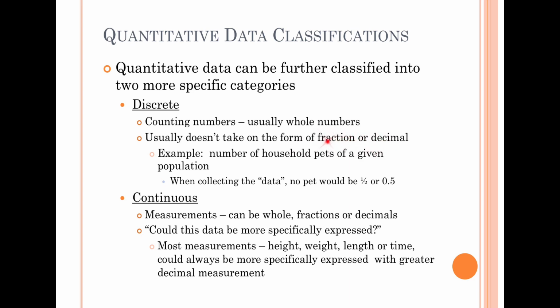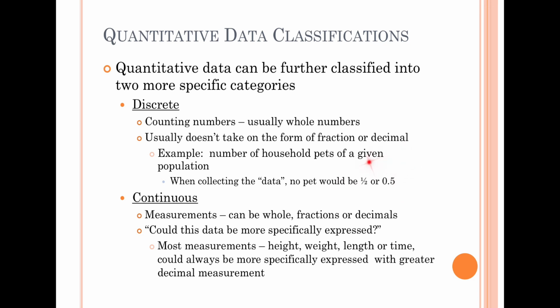Now, when we actually crunch the numbers, sometimes we get decimals. But if I was actually collecting data and I was asking the number of household pets that we have in a given population, none of those numbers I'm collecting would be fractions. We wouldn't have half of a pet, right? Even a small pet is still a whole pet.